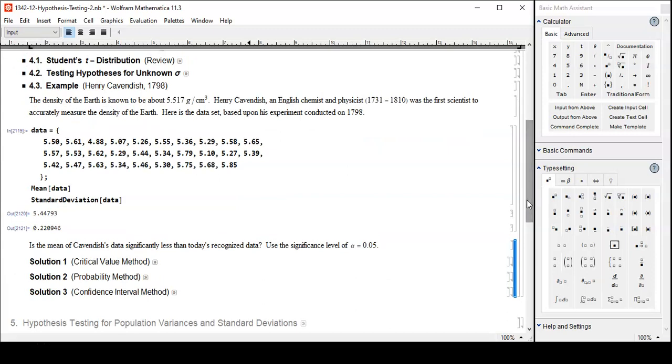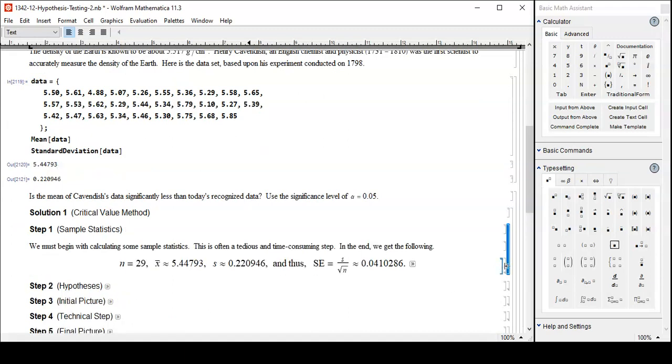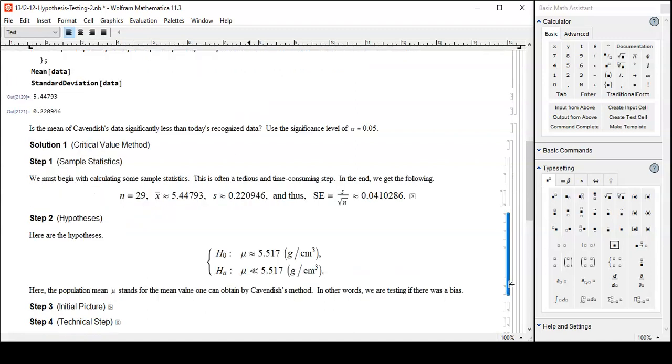First, let's set up the hypotheses. What's a null hypothesis? Mu is equal to what? Is it 5.517 or is it 5.44793? It should be, well, this is sample statistics that we actually did, all right.